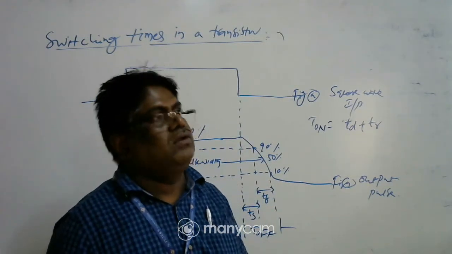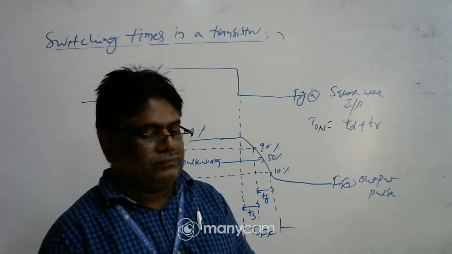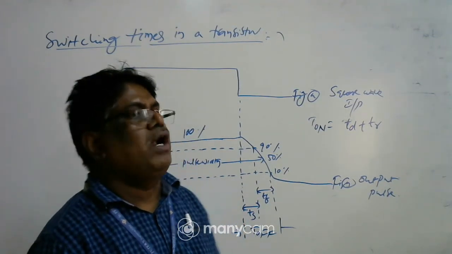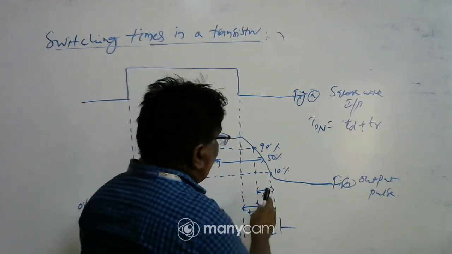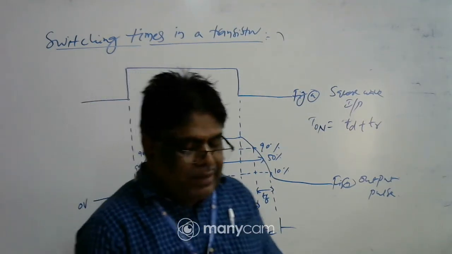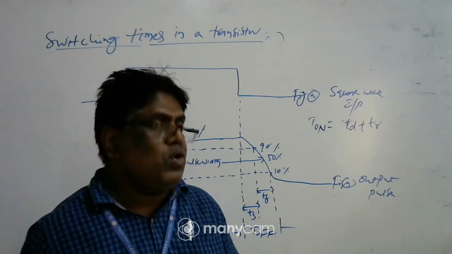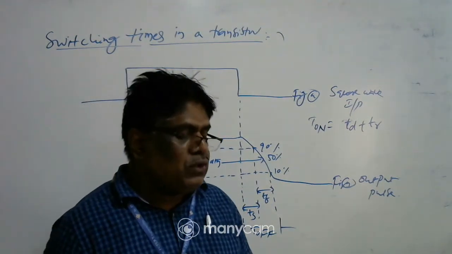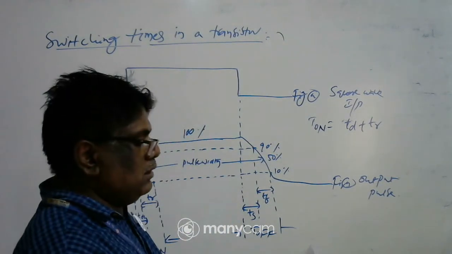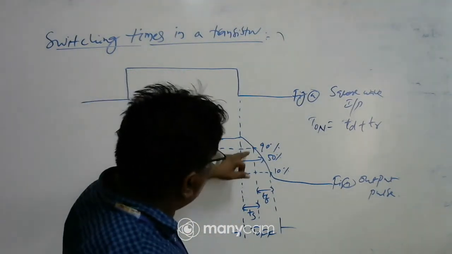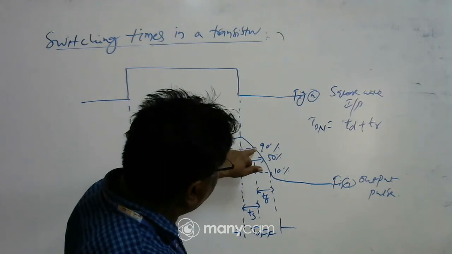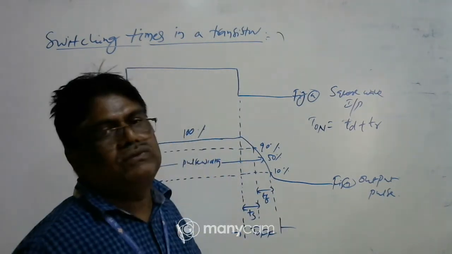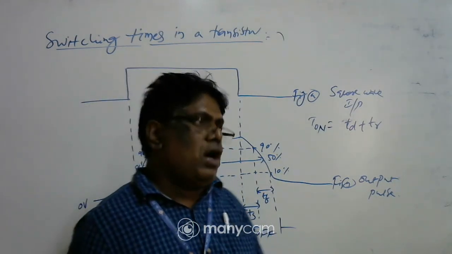Next one, fall time. What is the fall time? This is the TF, fall time. The time interval during which the output falls from 90% of its maximum value to 10% is called fall time. This range is called the fall time.